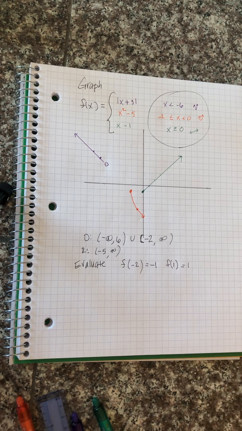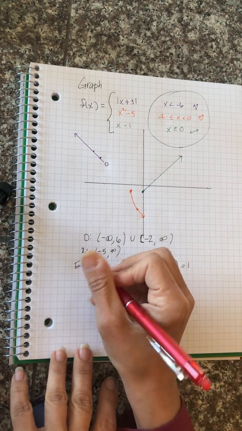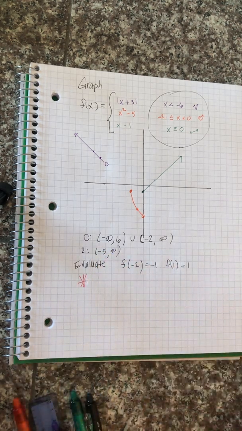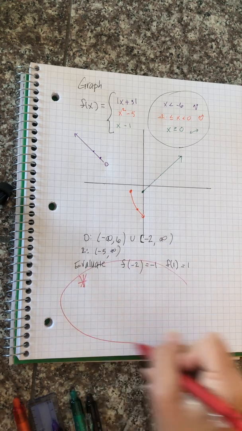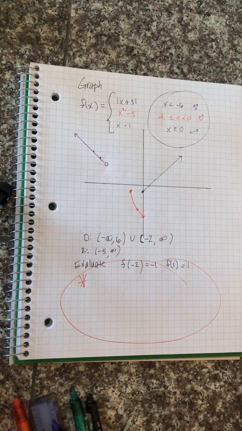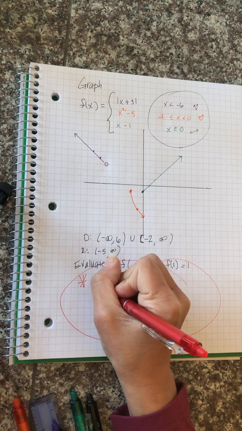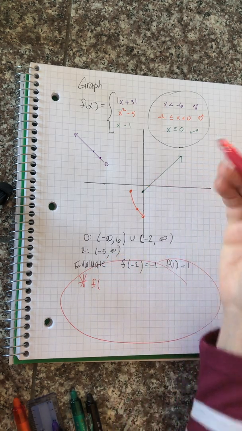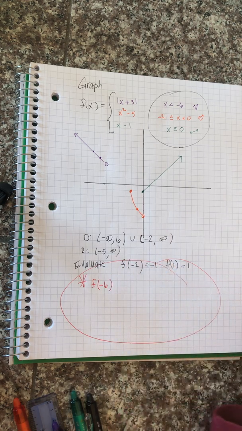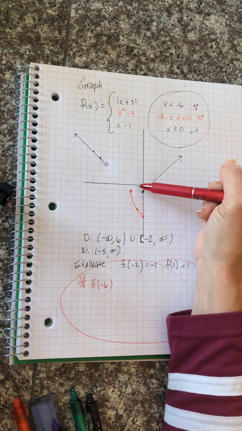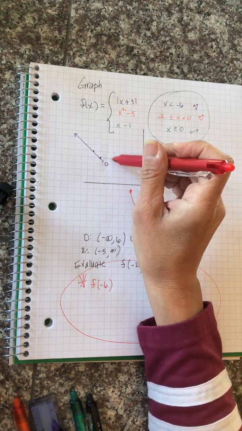Okay, so here's the big one, and this is where you should be putting the star on your piece of paper. This is the biggie right here. This is where we're going to talk about limits and exact values and approaching and not approaching. If I ask you to find the f of -6, well, at -6 you have an open circle.